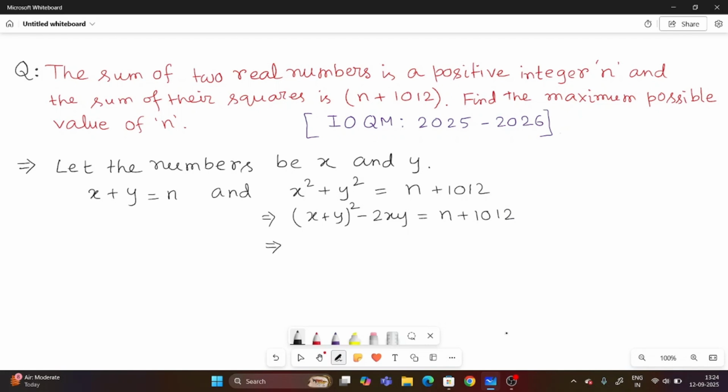Substituting the value of x plus y, which is n, we get n square minus 2xy is equal to n plus 1012. From this equation we get xy, that means the product of the real numbers, is (n square minus n minus 1012) divided by 2.